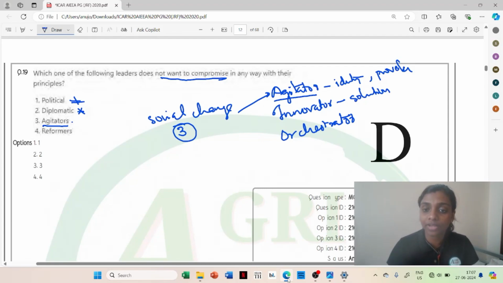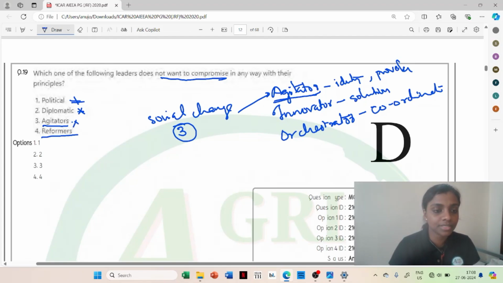And orchestrator finally, he will coordinate the crowd actions. Okay. So from this classification, they put this option agitator. So here also we can't say they are the one that does not compromise. They are not that stubborn that they do not compromise at all. Nothing like that. So agitator is also not an option.